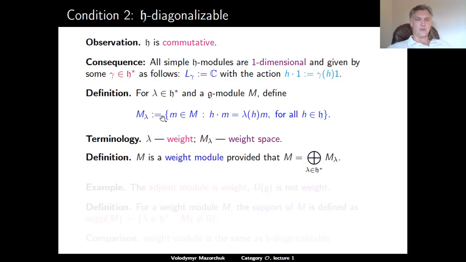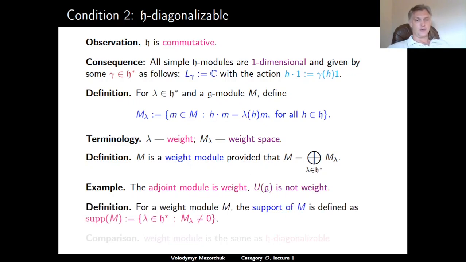A module M is called a weight module, provided that it is a direct sum of its weight spaces. For example, the adjoint module is a weight module because the root space decomposition is exactly the decomposition of the adjoint module into its weight spaces. On the other hand, the left regular representation of the universal enveloping algebra is not a weight module because the action of the universal enveloping algebra of the Cartan subalgebra on U(g) is free, so there are no eigenvectors at all.